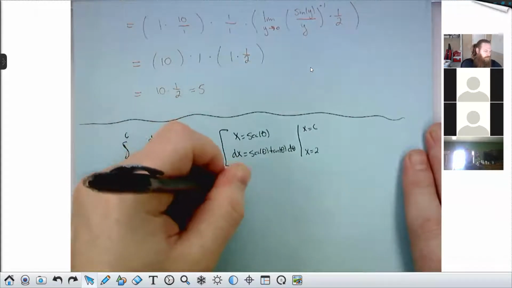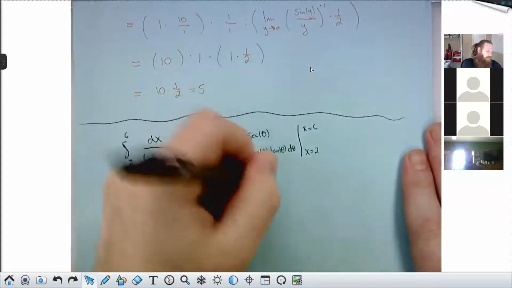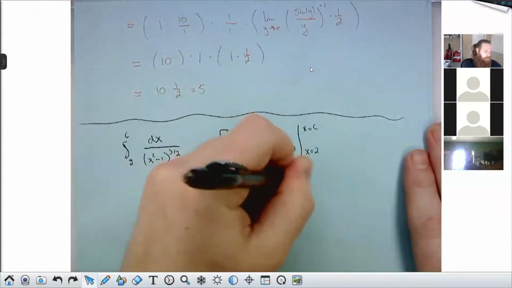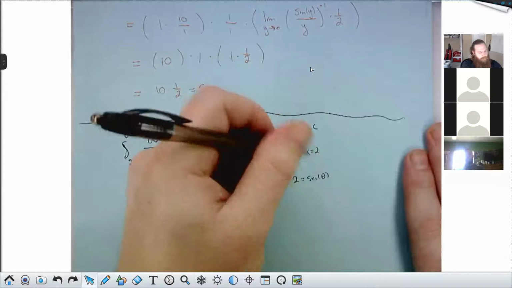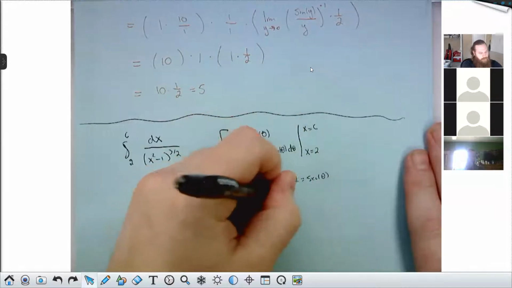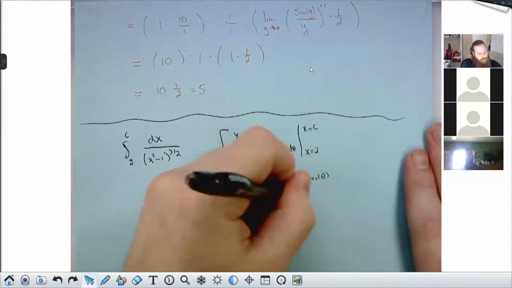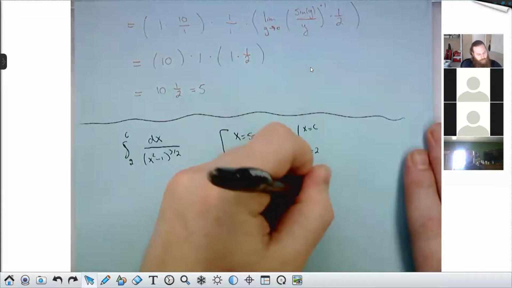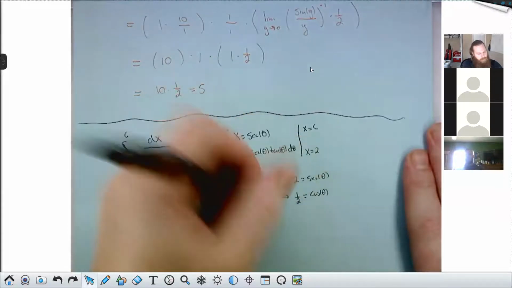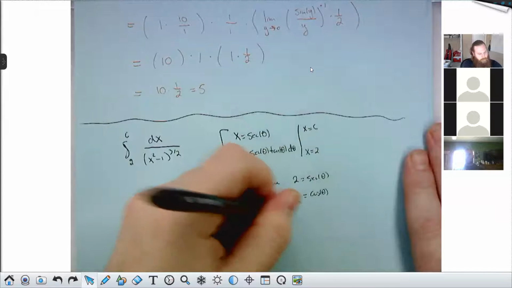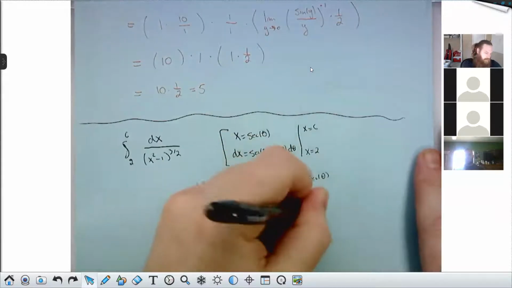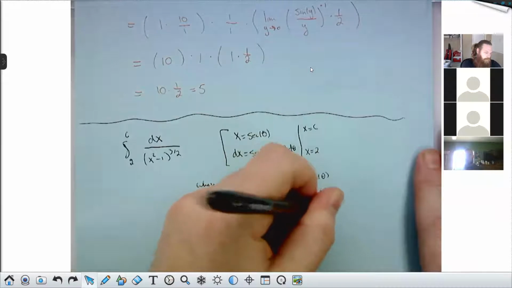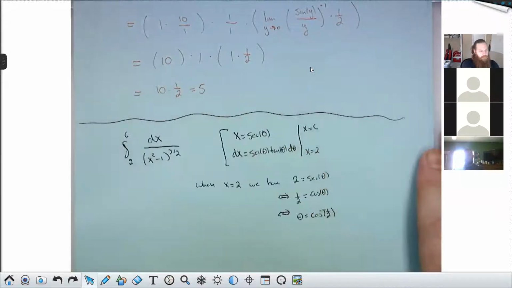When x is equal to 2, we have 2 equals secant theta, which is equivalent to saying 1/2 is equal to cos theta, which is mostly equivalent to saying theta is the inverse cosine of 1/2.